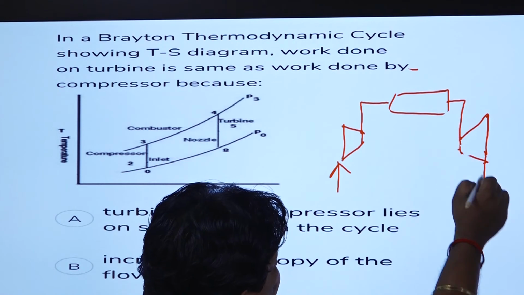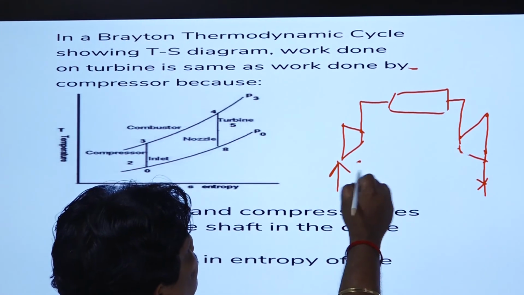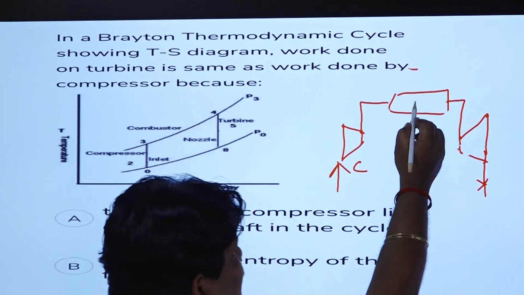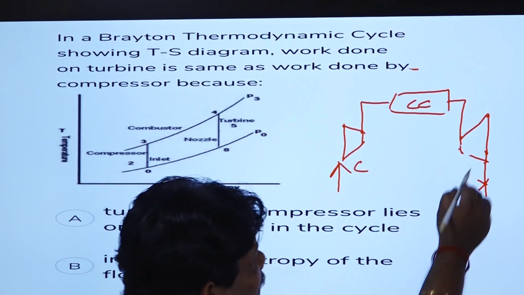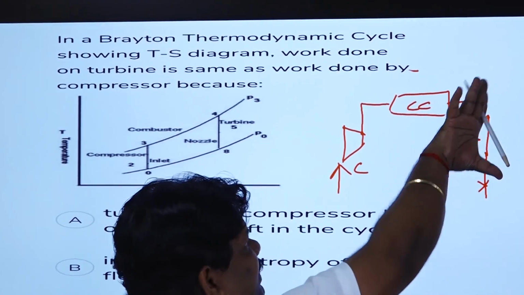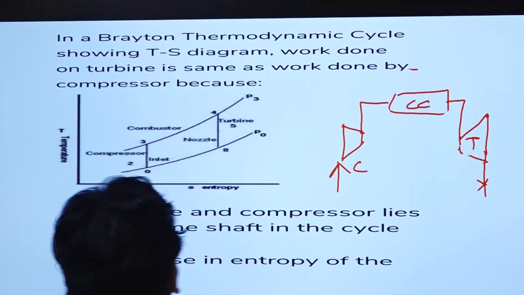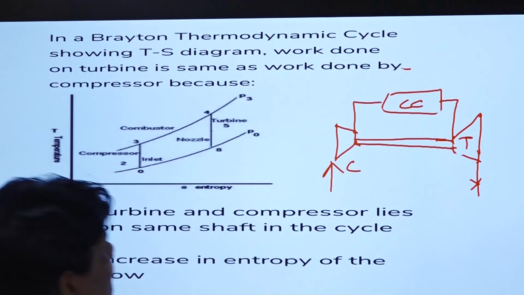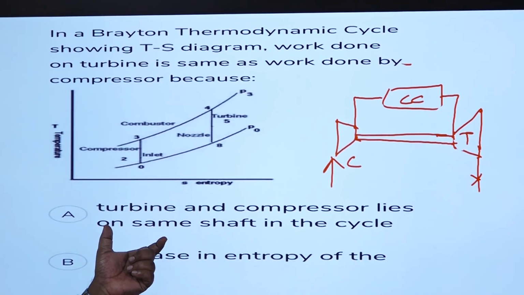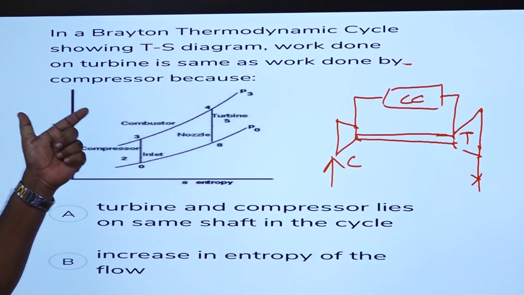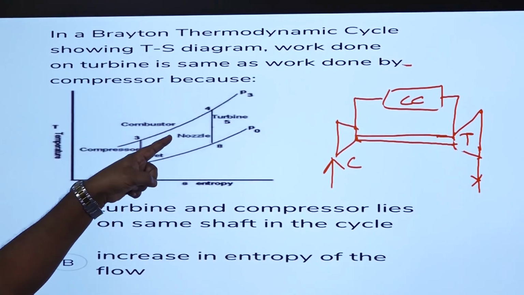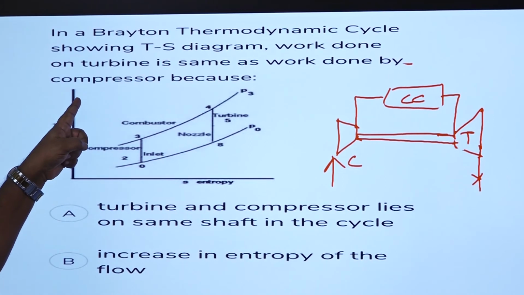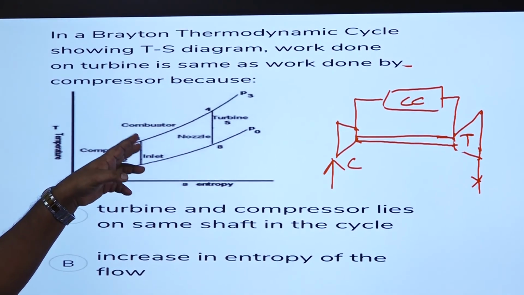So you can see here, this is a compressor, so air is compressed. This is the symbol for compressor, and this is the symbol for combustion chamber, and here expansion takes place. So the expansion takes place in the turbine. So you can see that this compressor and the turbine lie on the same shaft in the cycle. Okay, so that is why in the Brayton thermodynamic cycle, with this TS diagram, work done on the turbine is same as the work done by the compressor. Okay, so this is the reason for it.